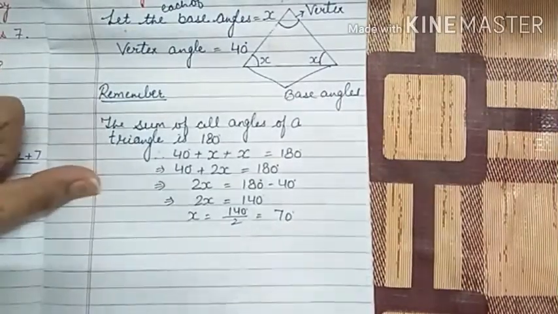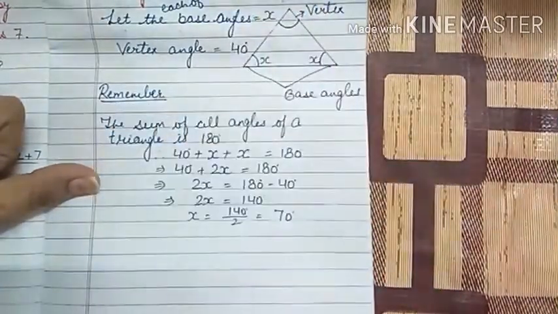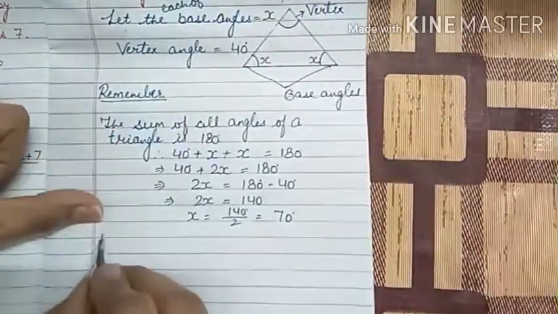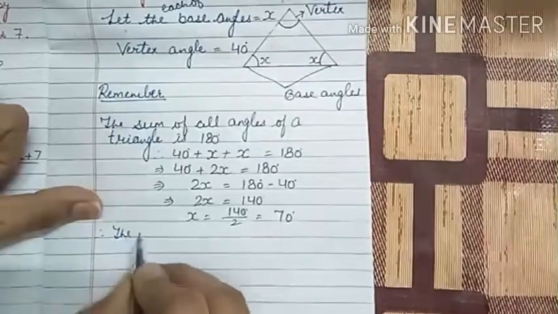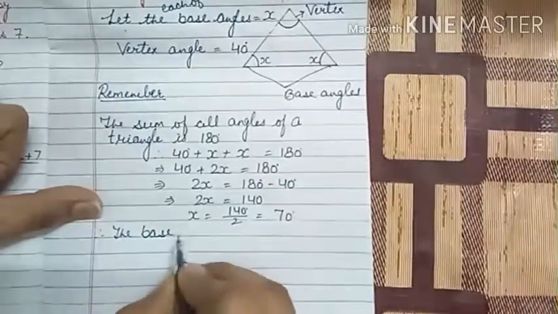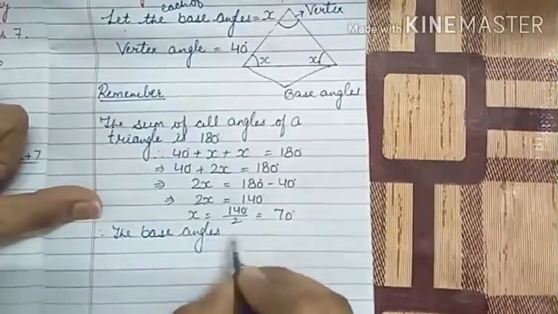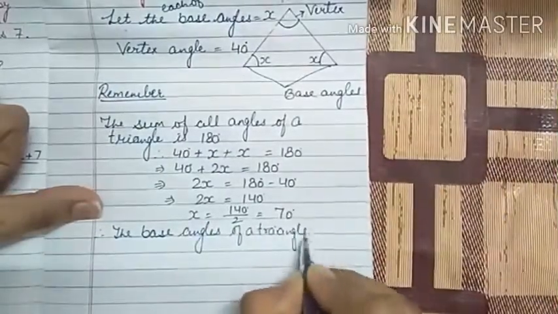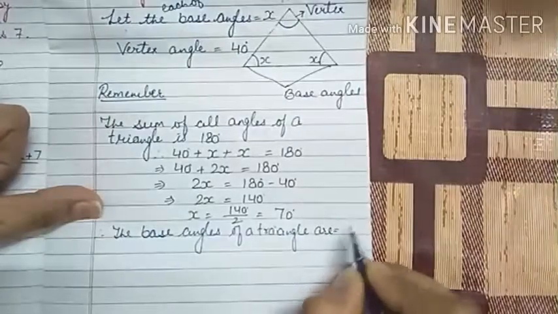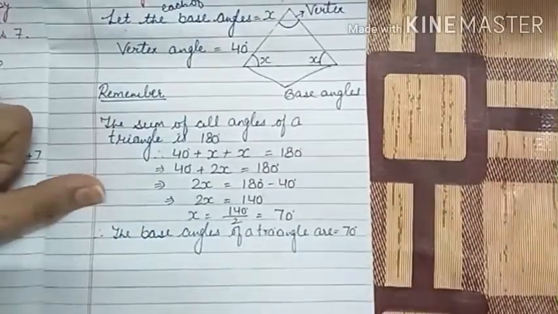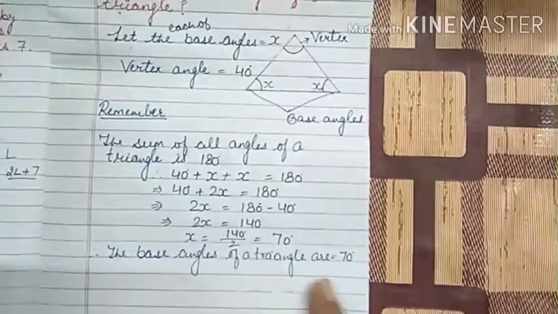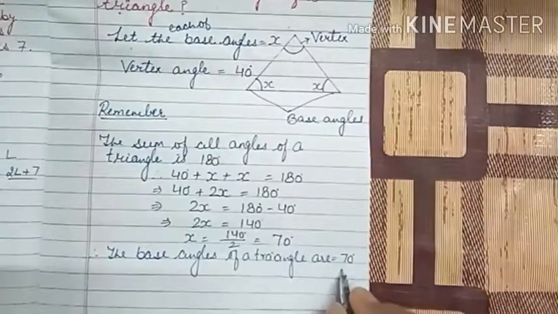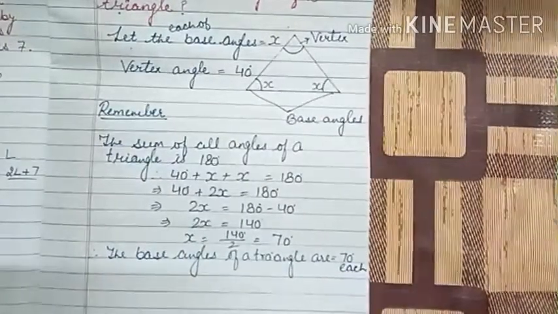It is the value of the base angles. Our question was, what are the base angles of the triangle? Therefore the base angles of the triangle are 70 degrees each.